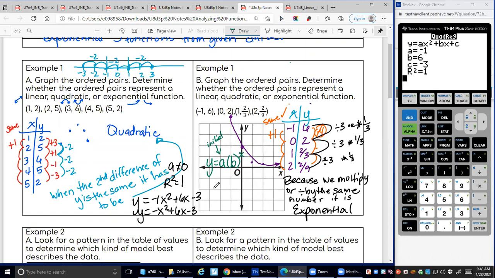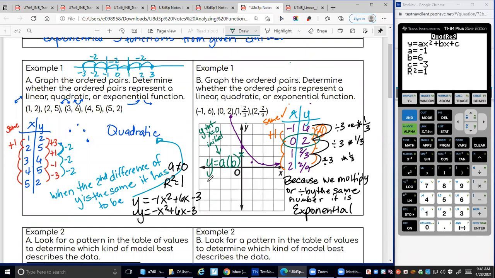Which intercept represents your initial amount, x or y? The beginning of your story always happens at what intercept? Anybody know? Okay, it is the y-intercept. Good. It's right here. That's typically the beginning of your story where x is equal to 0. That's your initial value. So we're going to take that.